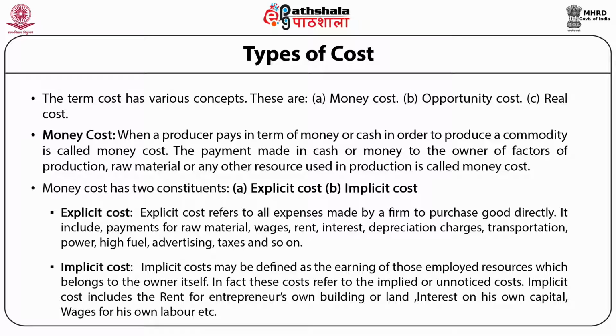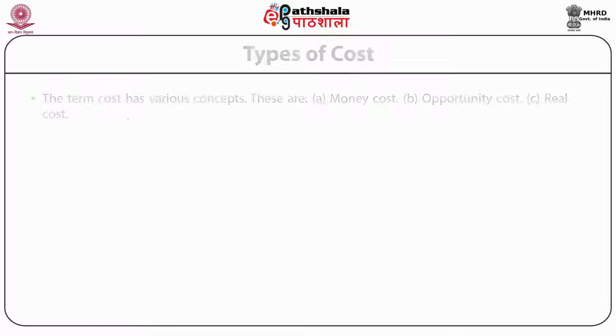Implicit cost includes the rent for entrepreneur's own building or land, interest on his own capital, wages for his own labor, etc. In short, we can say that implicit costs are the cost of self-owned, self-employed resources.